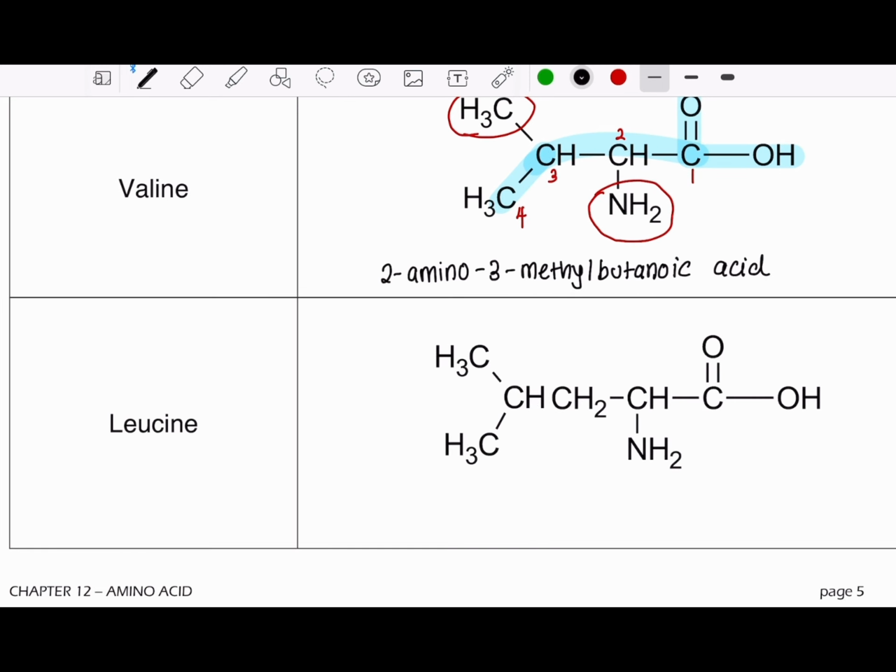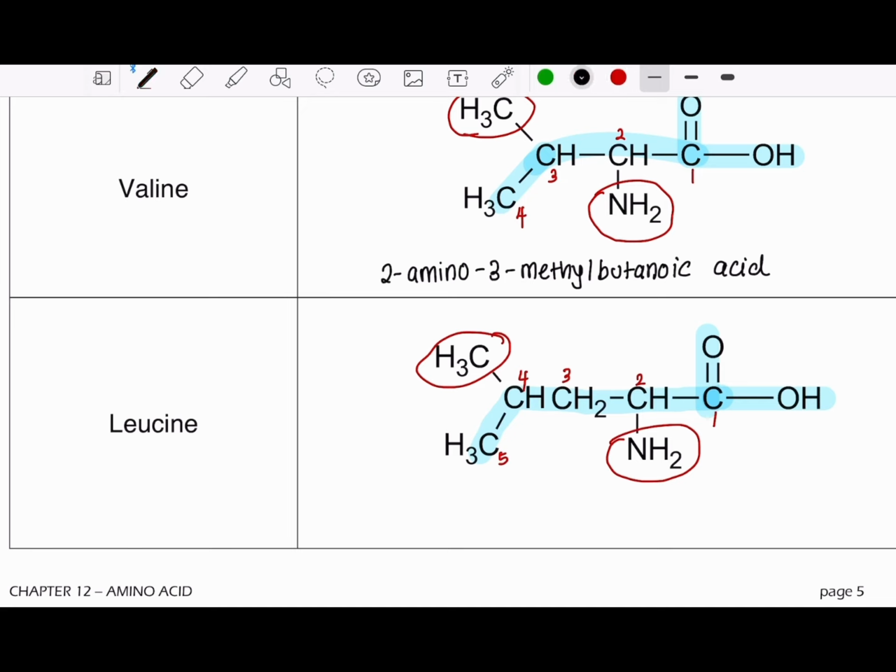And let's try leucine. Okay, let's number them: 1, 2, 3, 4, 5. So amino is located at carbon number 2, and we have another methyl located at carbon number 4.